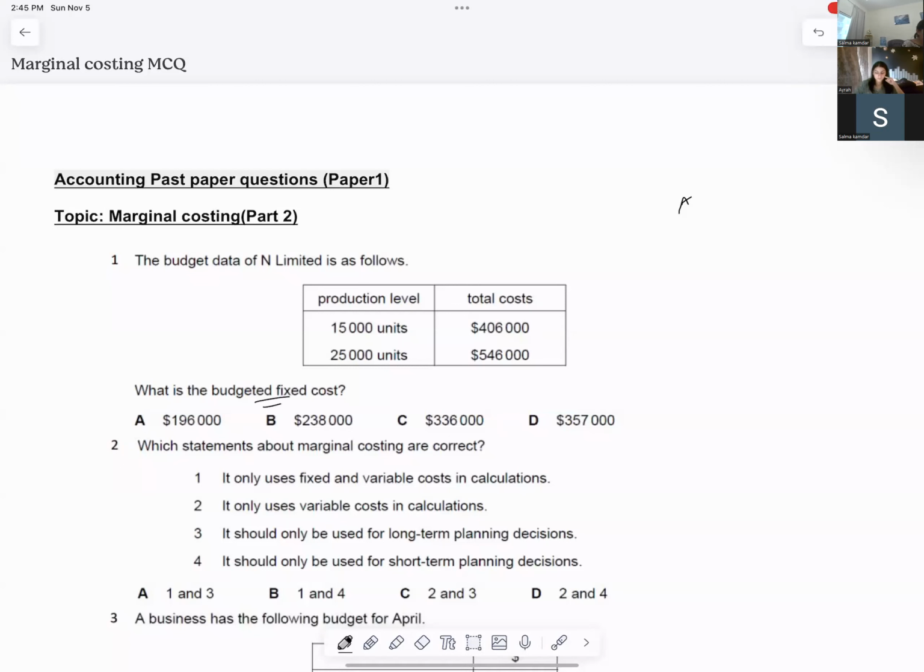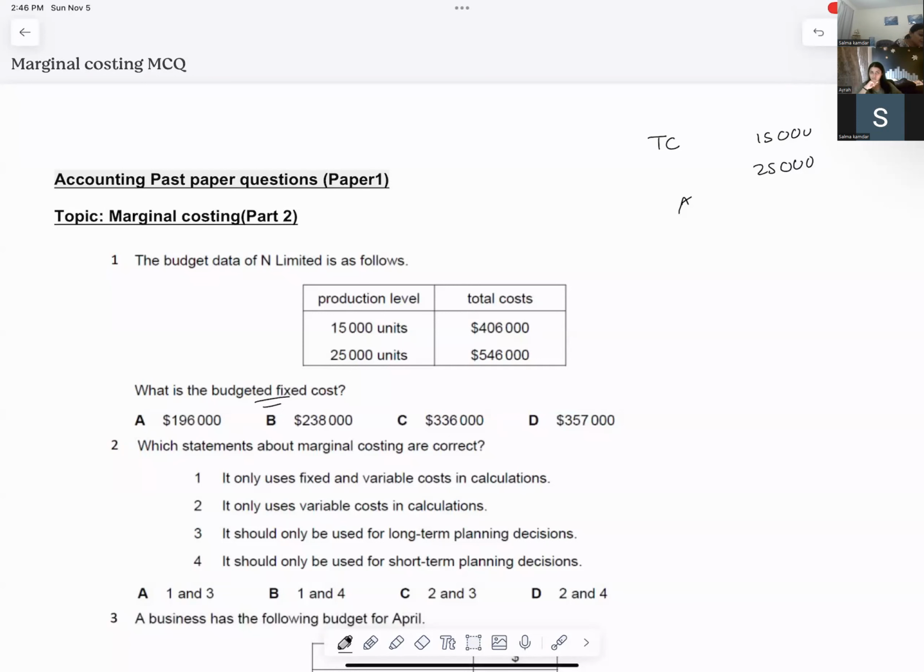So basically, you have been given the total cost of 15,000 units and the total cost of 25,000 units. So you have to find out the fixed cost included in the total cost or the variable cost included in the total cost.